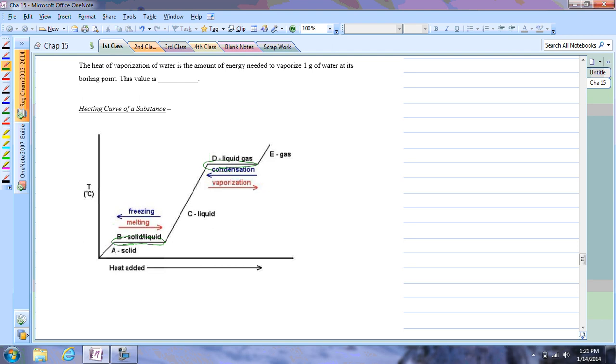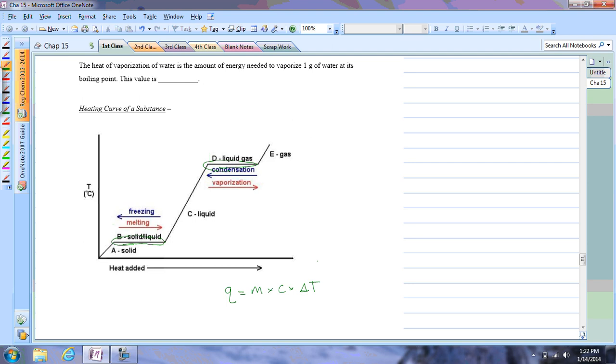If the temperature of the water doesn't change, then you cannot use Q equals M times C times delta T, because delta T would be 0, and your final answer would be 0.